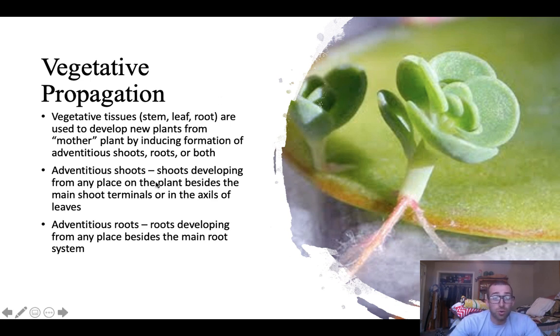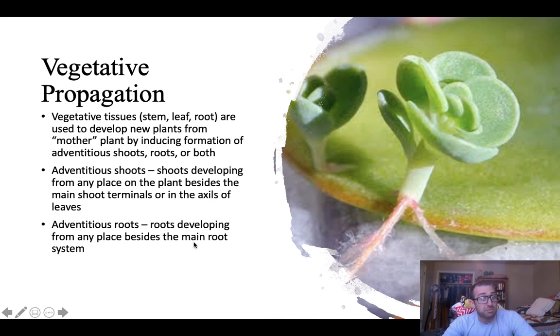What they are is essentially shoots or roots that develop from any place other than the main system. So adventitious shoots are shoots that develop from any place on the plant besides the main shoot terminals or in the axis of the leaves. So if we took a leaf and we grew a stem from that leaf, that's an example of an adventitious shoot.